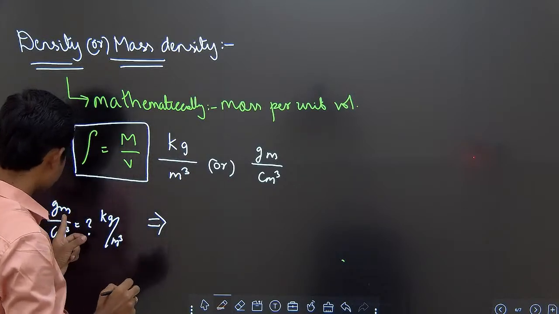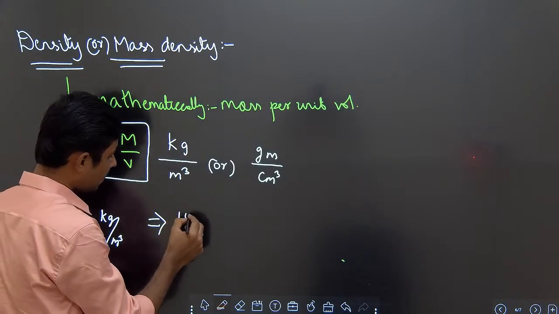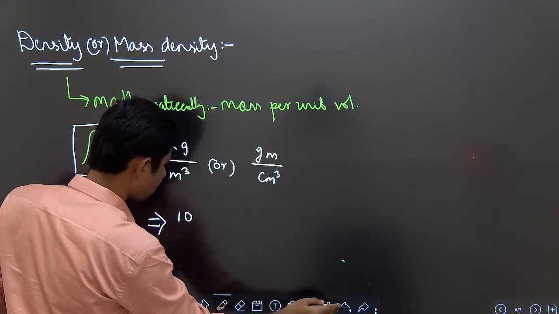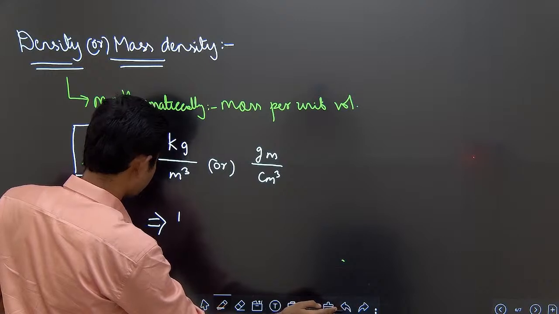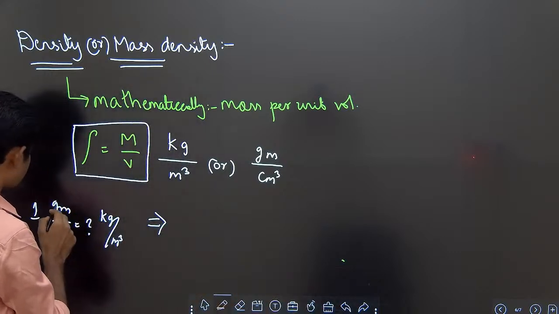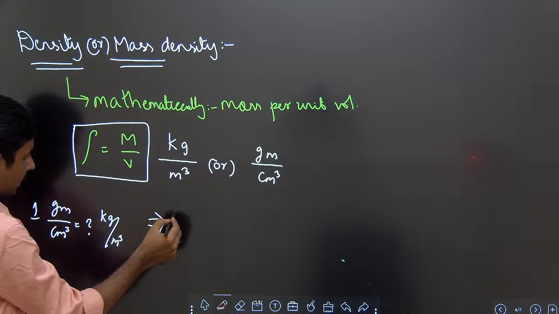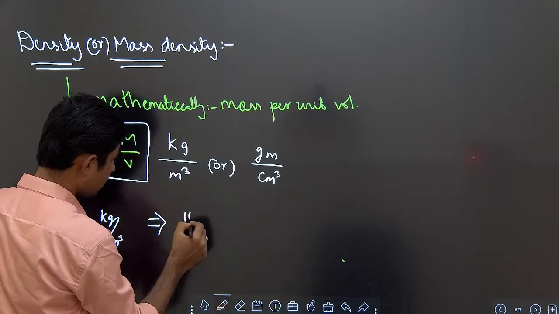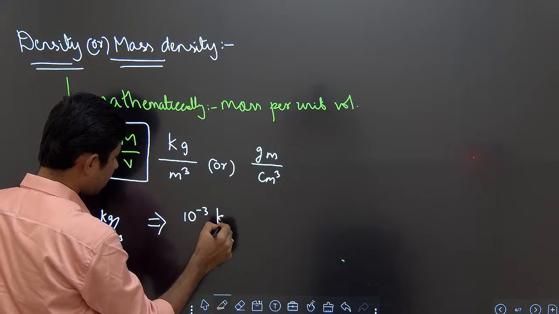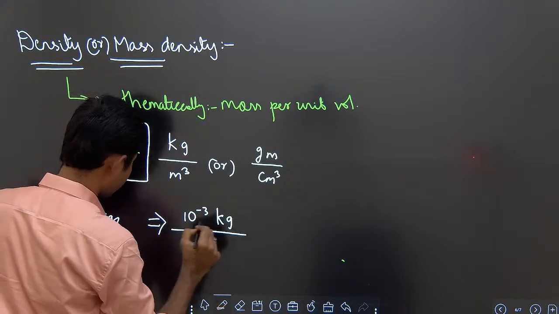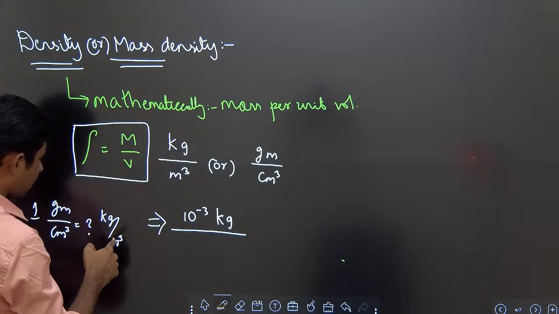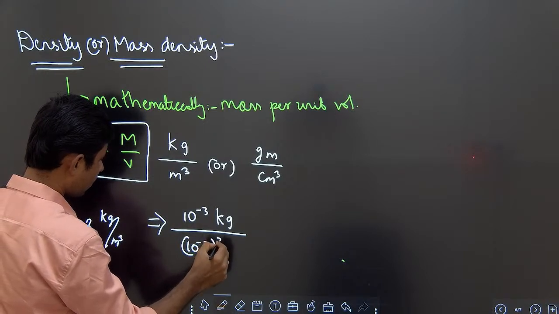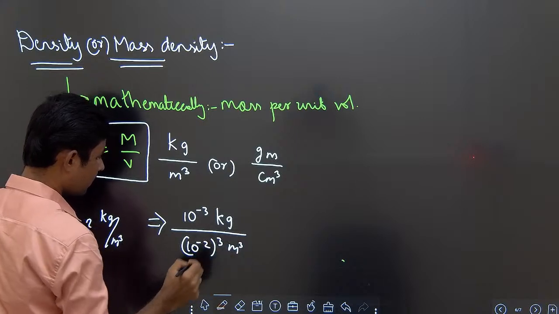In 1 gram, we have 10 to the power of minus 3 kg. Centimeter and meter, it is 10 to the power of minus 2, whole cubed, meter cube.